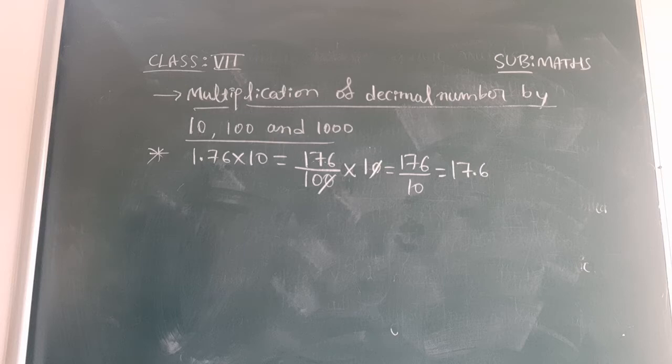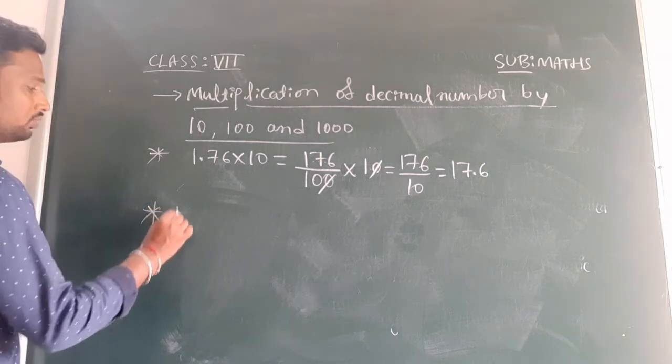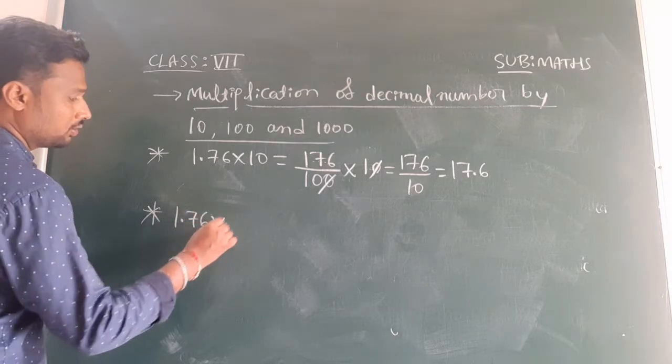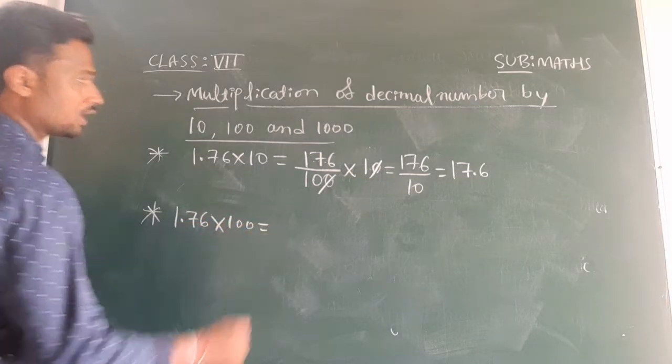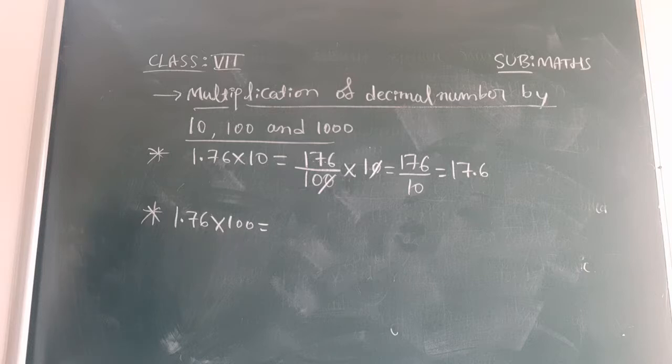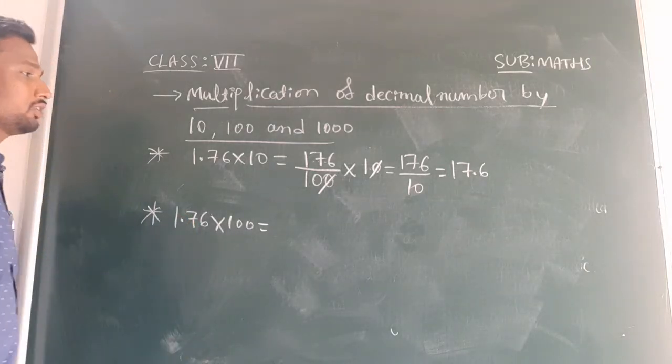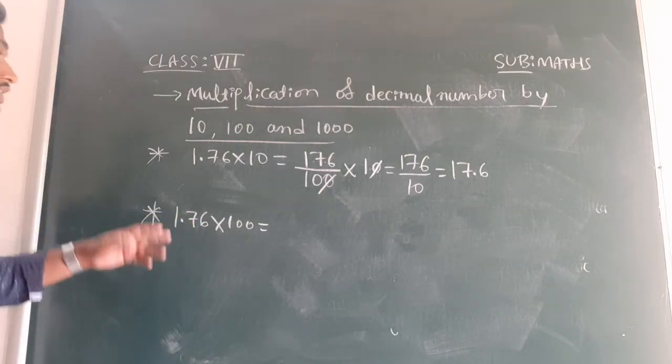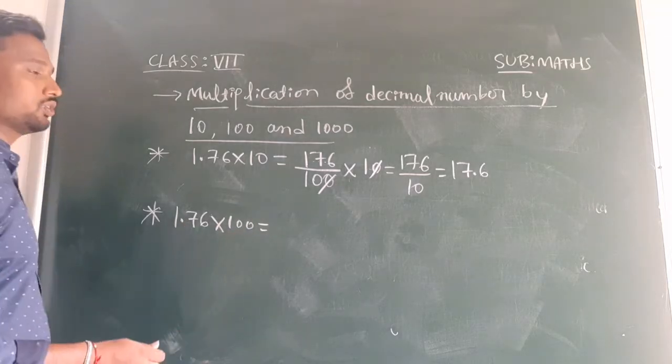Okay, like this they have given some more values, that is 1.76 into 100 equals to, what you will get here. So first we have to convert 1.76 to fraction. So if you convert this to fraction, what you will get?